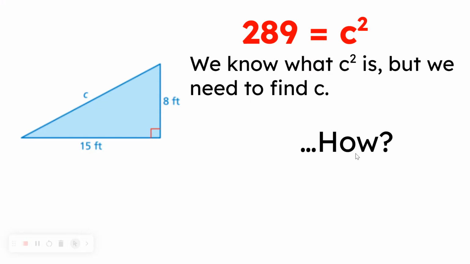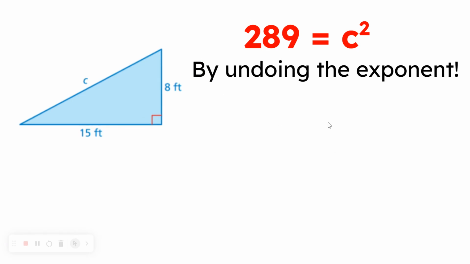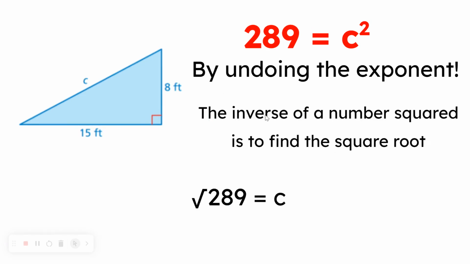This is where our square root is going to happen. We have to do the inverse. I see c squared, so I need to take the square root. If I take the square root of 289, I will find out what c is.